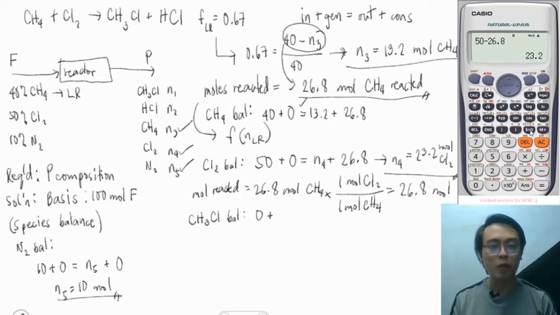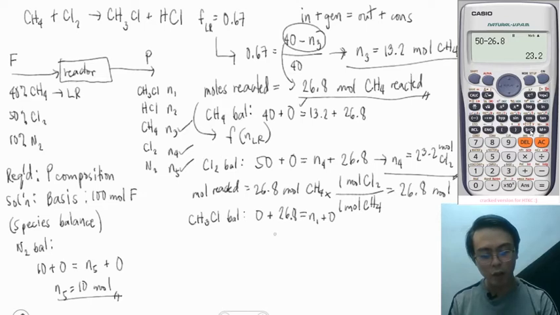That would come from the moles reacted, 26.8 moles of methane. Perform stoichiometry. The ratio from the balanced equation is 1:1, so it's still 26.8, equal to output. How much CH3Cl is going out? That is N1, plus consumption. Consumption is 0 because CH3Cl is not being consumed. It's being generated. Therefore, we have the value of N1 as 26.8 moles CH3Cl.